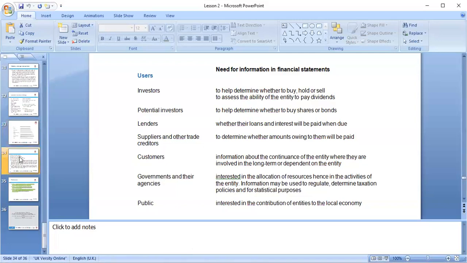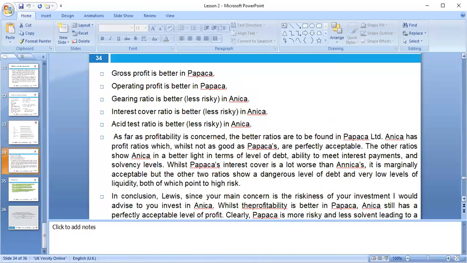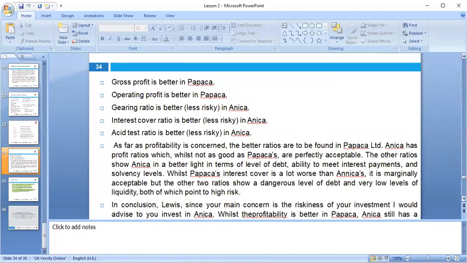Okay, so based on our previous analysis of these two companies, Anika's gross profit is better, operating profit is better, gearing ratio is less risky, and interest cover ratio is better. As far as profitability is concerned, better ratios are found in Anika, while Paprika's is perfectly acceptable.